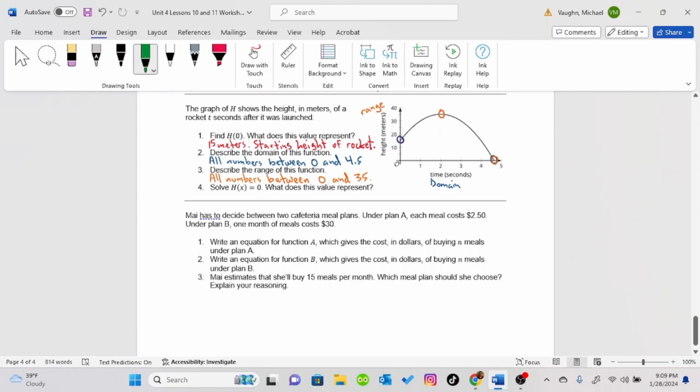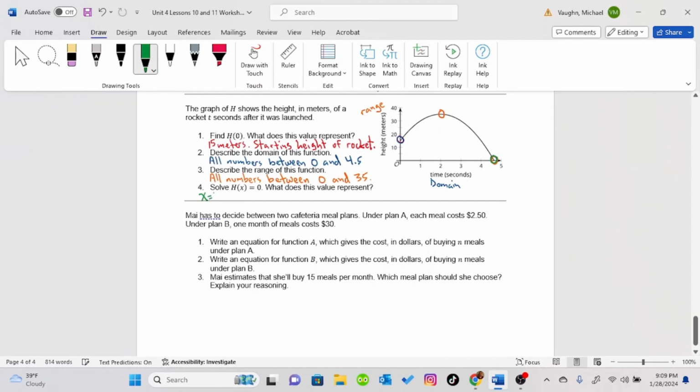And number 4, solve h of x equals 0. Well, a function equals its y value. So if we look, y is 0 down here at the end when x is approximately 4.5.